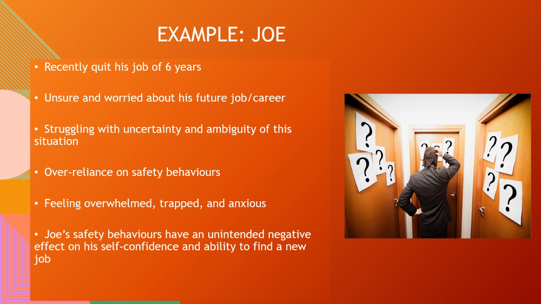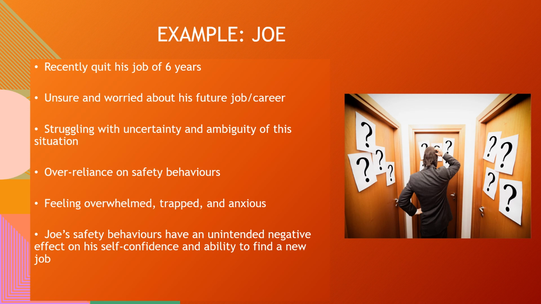So Joe is struggling with uncertainty and ambiguity of not having a conclusive answer to his worries and concerns. In dealing with this uncertainty, Joe relies on safety behaviors. He frequently seeks reassurance from his friends and family, and spends considerably more time over-preparing and tailoring his resume and letter of intent. Some days, he distracts himself by keeping busy, by engaging in activities that don't really give him enough time to worry about searching for a job.